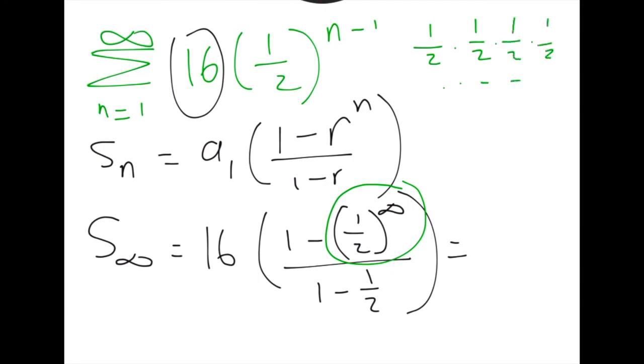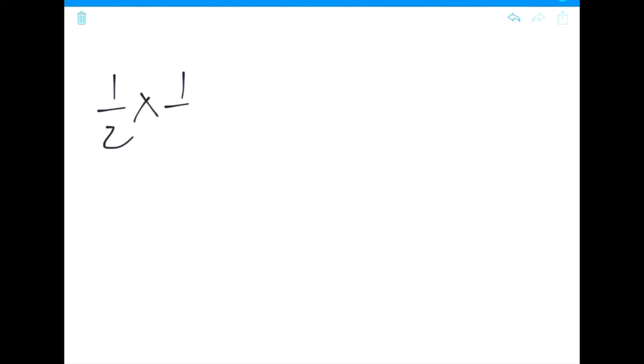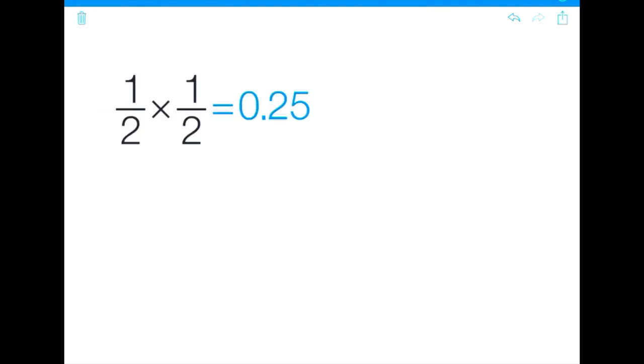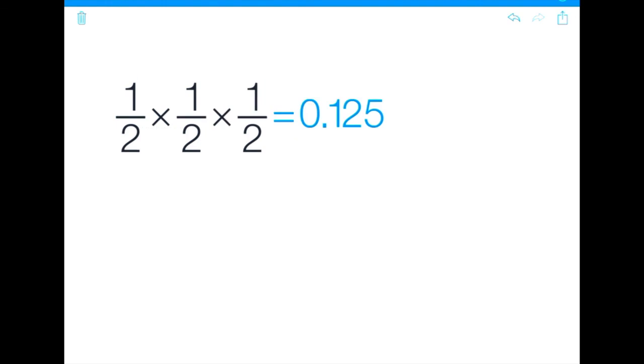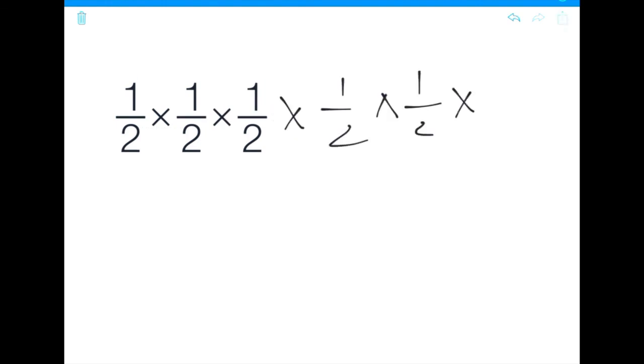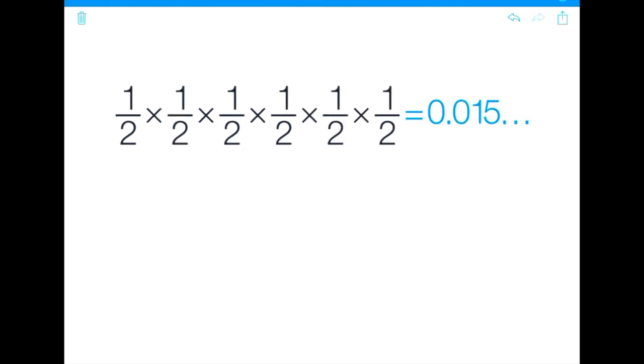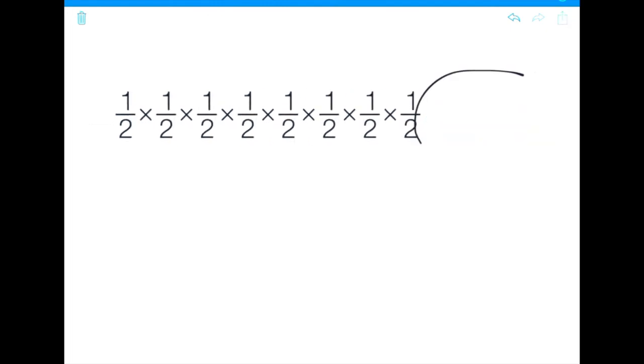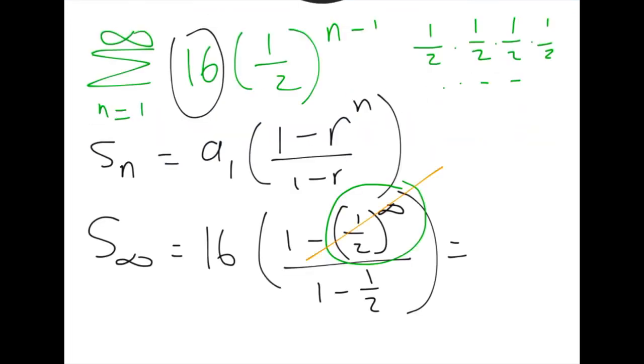What do you think we get? 1/2 times 1/2 is 0.25. Times another half is what? 0.125. Times another half, what do I get? The number becomes smaller and smaller and smaller. What if I keep going toward infinity? The number will eventually become what? This whole thing, I don't need it anymore.